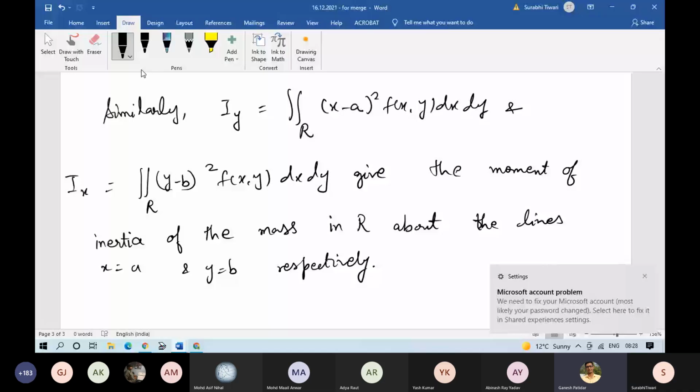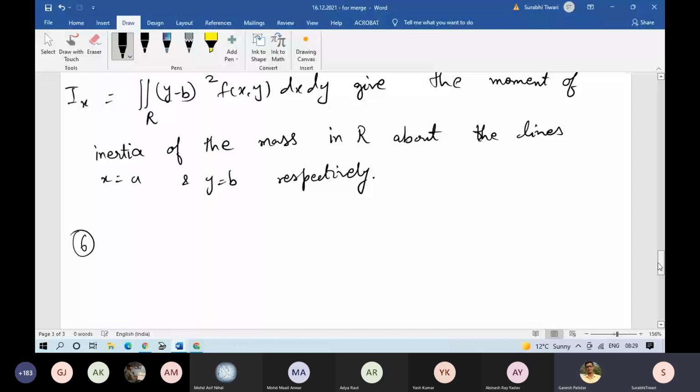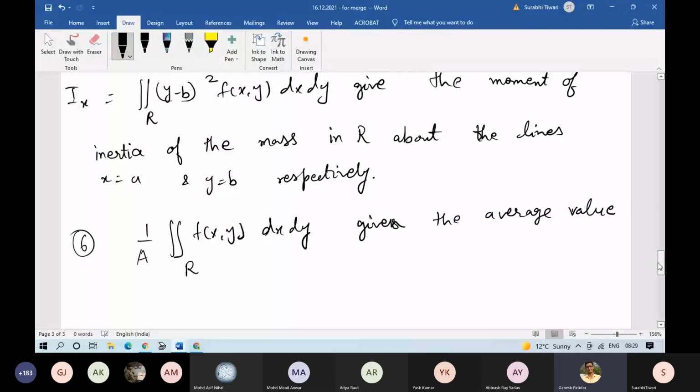Similarly, 1 upon A double integration over the region R f(x,y) dx dy gives the average value of f(x,y) over R, where A is the area of the region R.